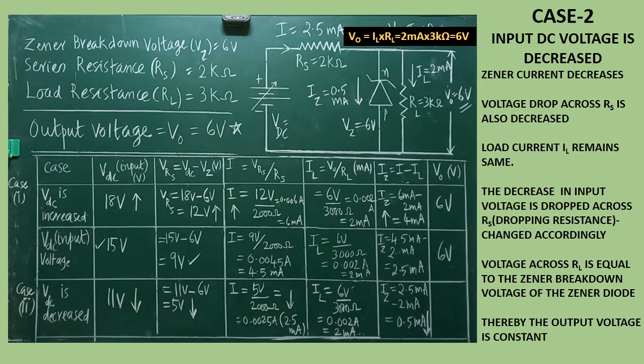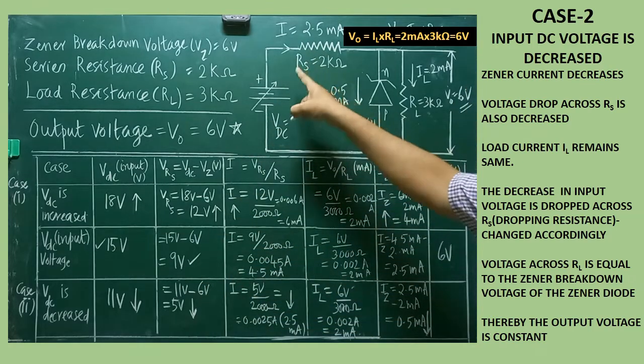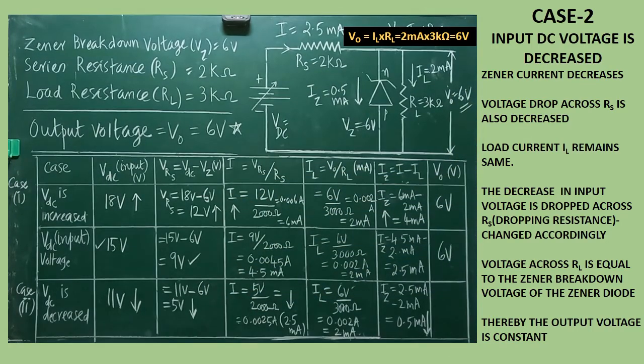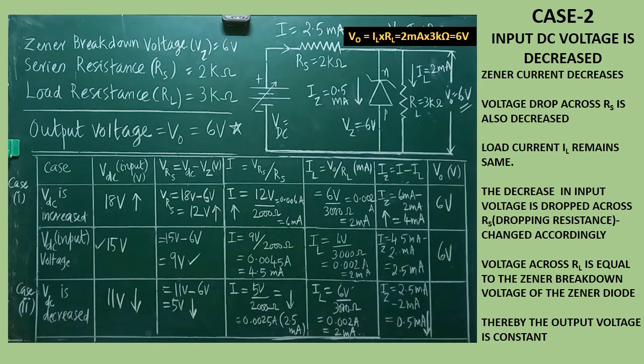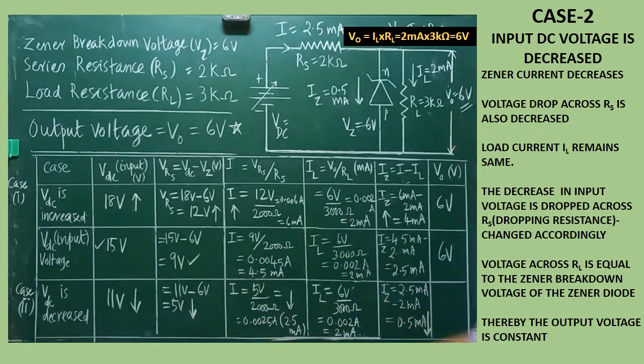And voltage drop across RS is also decreased. Make a note. With the help of these reference values, we are saying which one increases and which one decreases. When VDC, the input voltage, is decreased, the current passing through Zener decreases, the total current also decreases, and the potential drop across RS is also decreased.